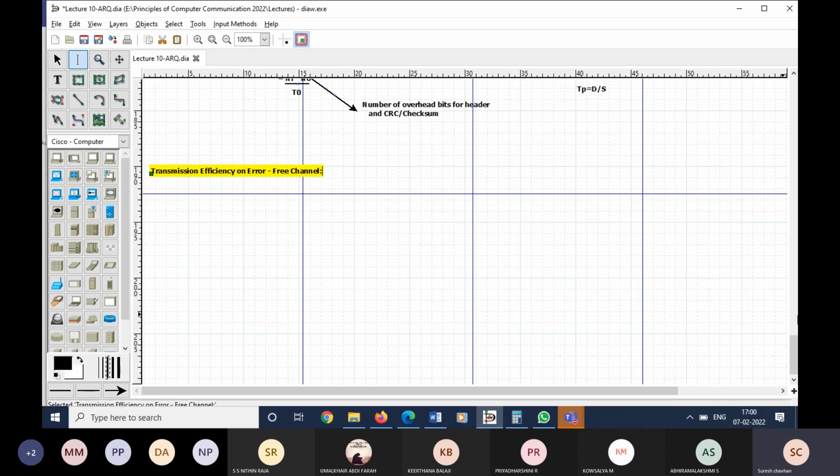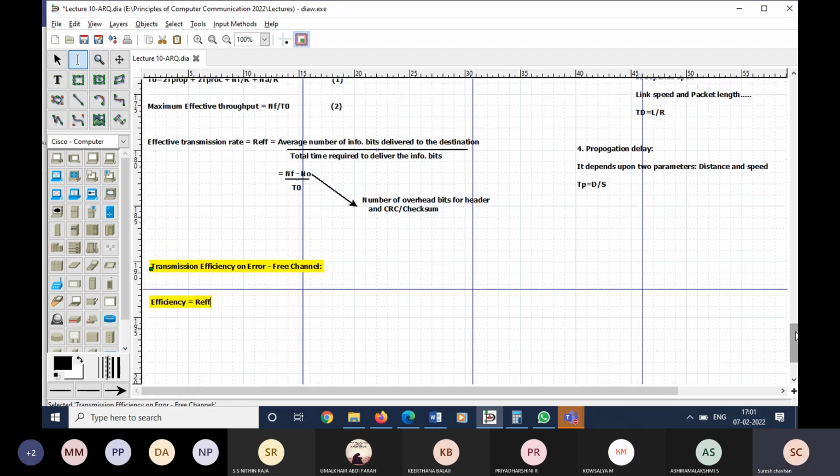And the transmission efficiency on error-free channel can be denoted using the notation called eta. And here I cannot use the eta, so what I will do is I will write just efficiency. It's a ratio of R effective, right? Last time we have calculated that.